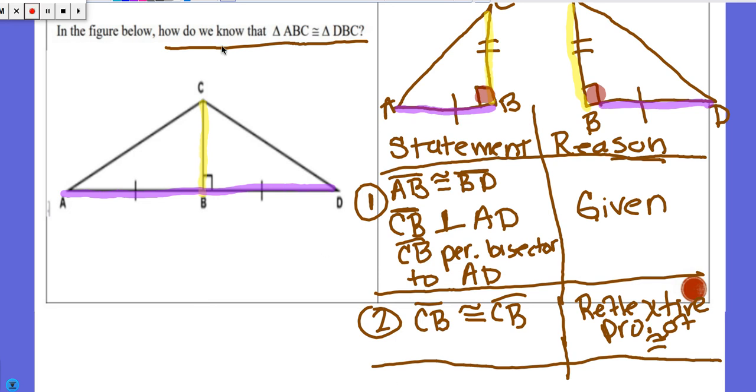We just need to say the third step here, since they didn't ask me for a particular part, they asked me for the whole triangle, I can say triangle ABC is congruent to triangle DBC. Oops, let me write that a little neater.